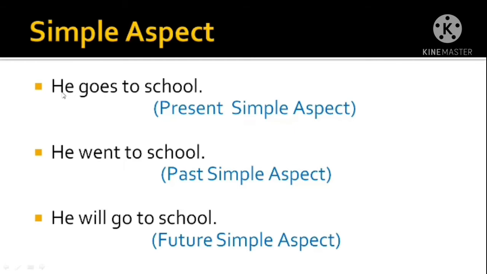So here you have he working as the subject, third person, singular number. You can apply some name also. Gayatri goes to school. Ganesh went to school. Kalyan will go to school. You can apply any name, no problem at all.